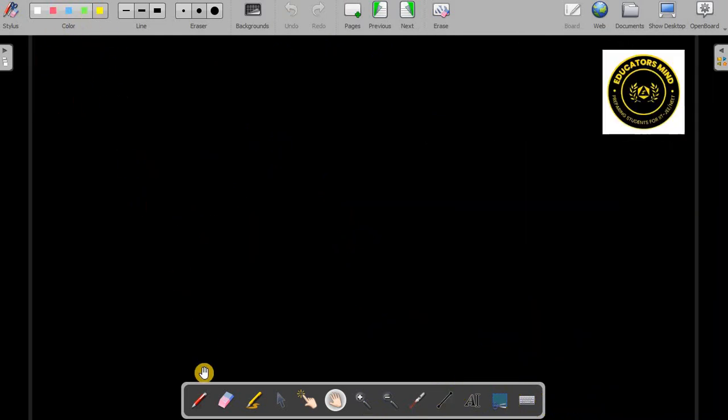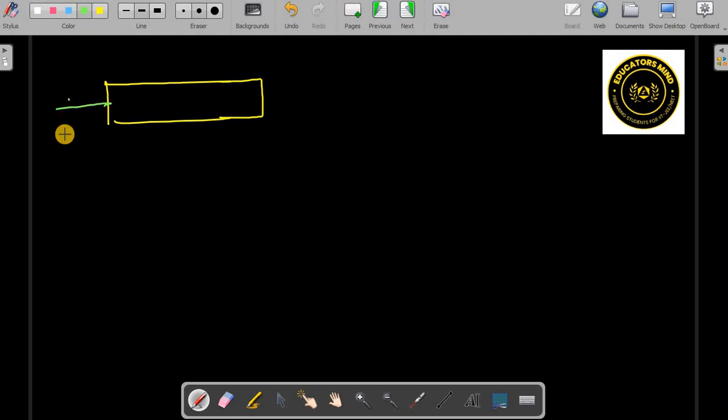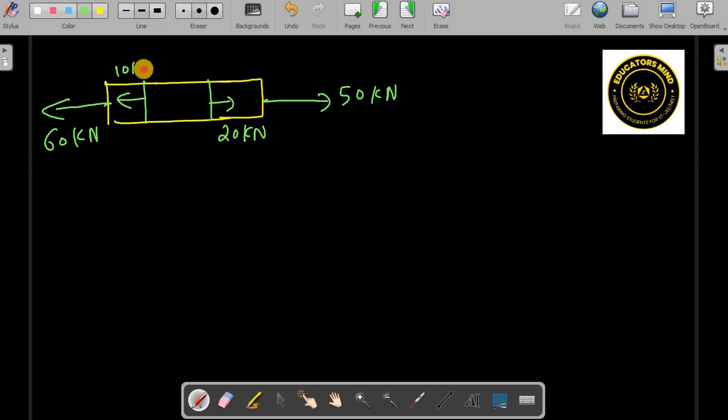For example, if they give a rod like this, and they say that here some force is acting, let us say 60 kilonewton, here some force is 50 kilonewton, here 20 kilonewton, and here 10 kilonewton, with some cross sections, and lengths are given, let us say 1.5 meters first length, second length is 1 meter, third length is 2 meters.